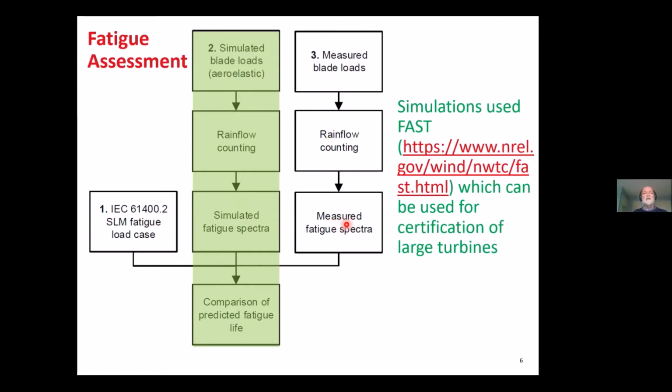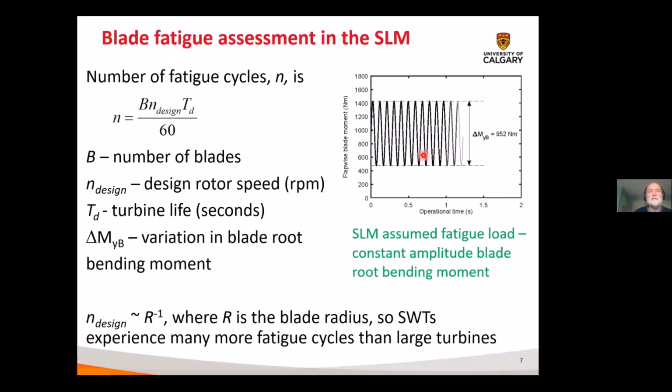So I'm going to tell you about path number 2 for 6 small wind turbines, simulations that were done using the FAST software, which is well known particularly in the large wind turbine community as a valid aeroelastic certification tool for wind turbines.